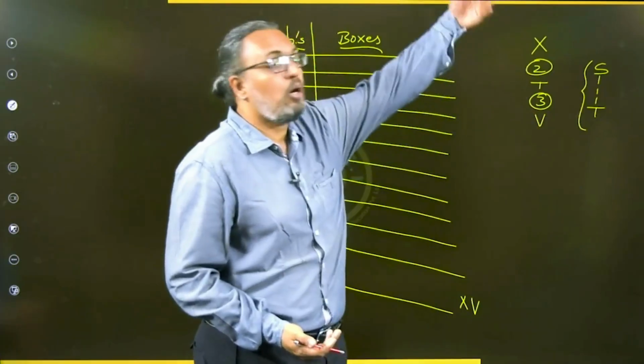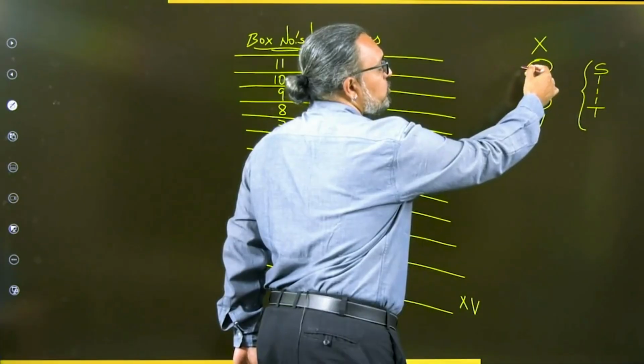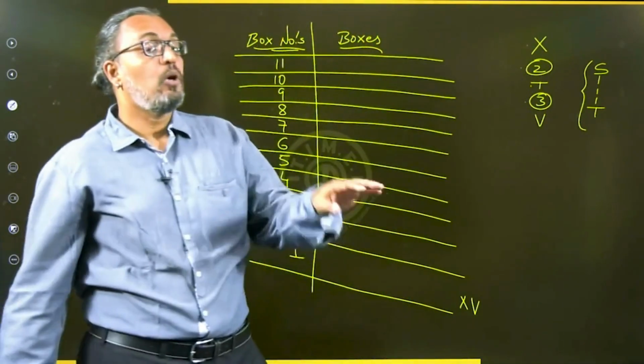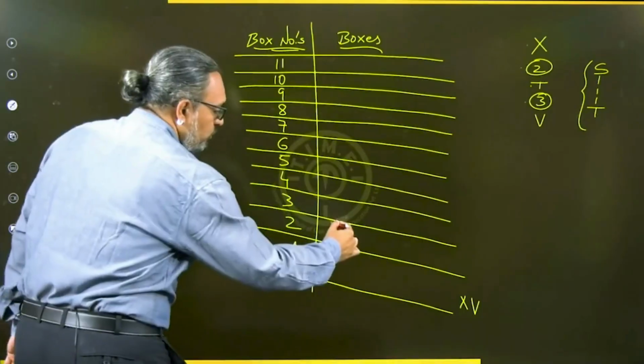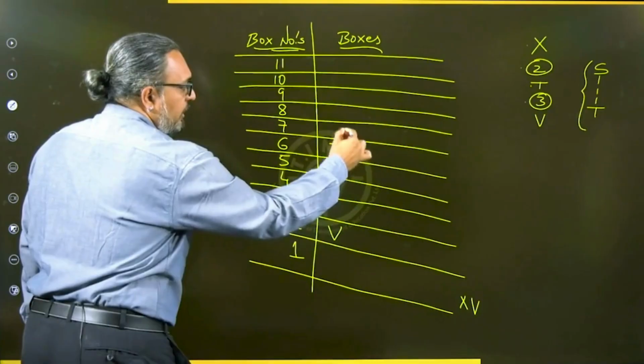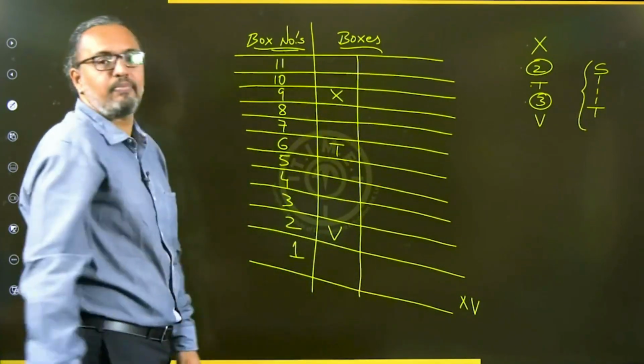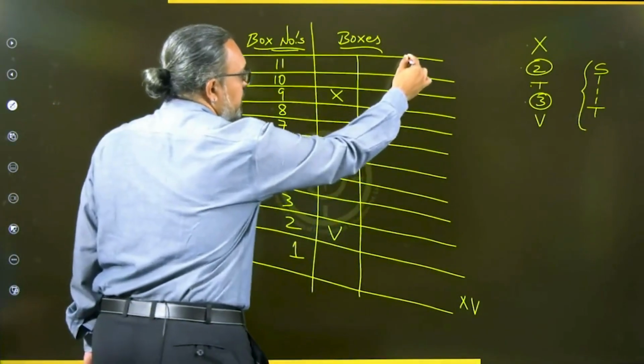See, minimum boxes above V are how many? 3 plus 1 4 plus 2 6 plus 1 7. So above V you need 7. So now placing V in the second, you have 3 boxes then T and 2 boxes then X. This is possibility 1. Correct? Now what is possibility number 2?